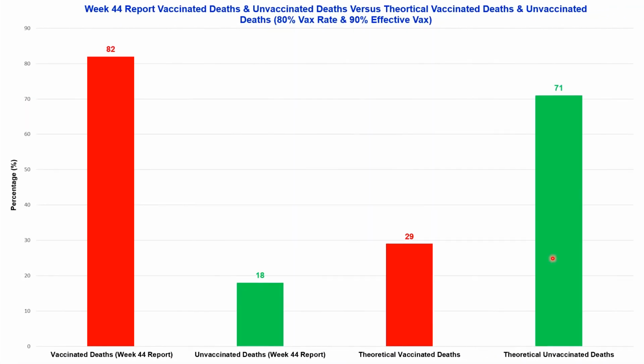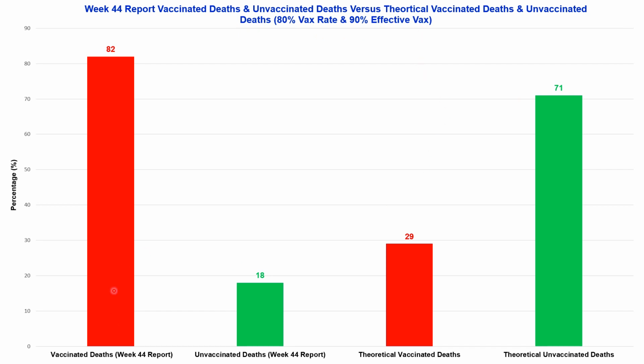And looking at that another way, so this is week 44, reported vaccinated deaths and unvaccinated deaths. This is within 28 days of a positive test versus the theoretical vaccinated deaths that I've just covered. An 80% vax rate and a 90% effective vax.